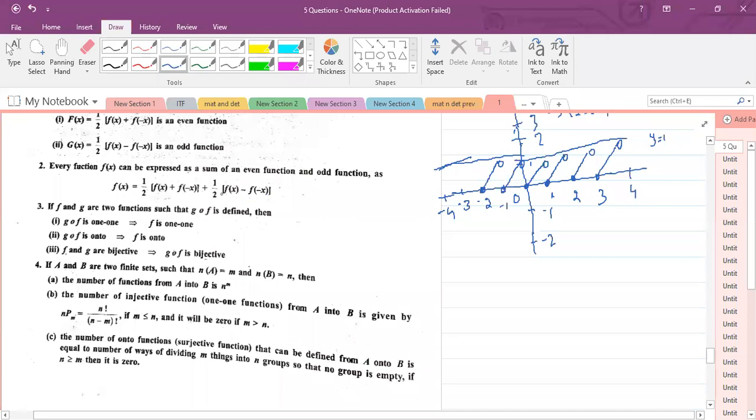If you simplify this, the minus f of minus x and plus f of minus x cancel, and 1 by 2 f of x plus 1 by 2 f of x gives f of x itself. In matrices we consider the sum of symmetric and skew symmetric using this same concept. So here also any function can be expressed as a sum of an even function and an odd function. Here f of x plus f of minus x will be even, and f of x minus f of minus x will be an odd function.